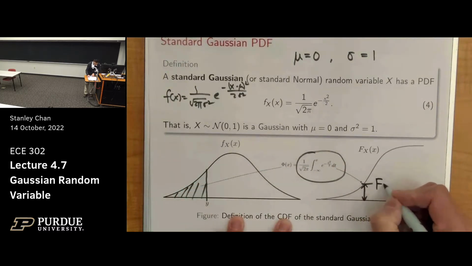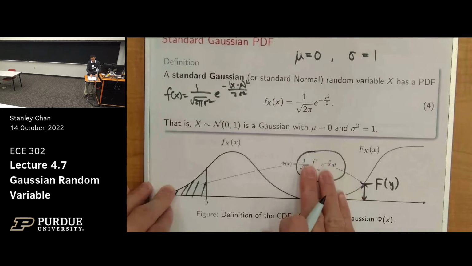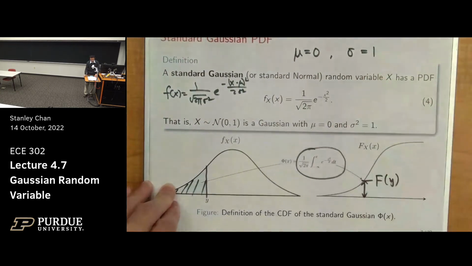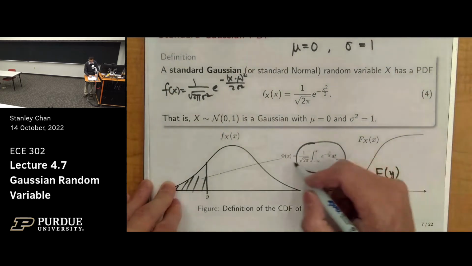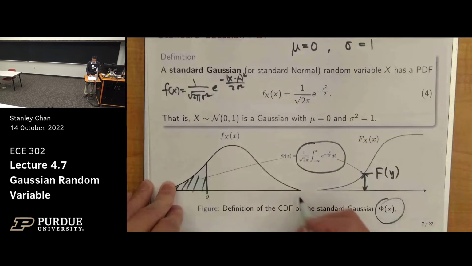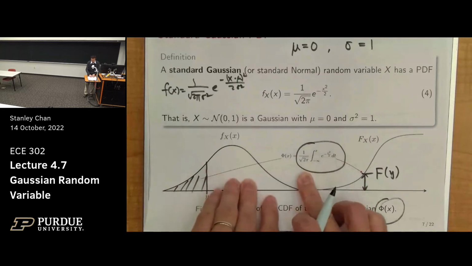In this case, it will be F evaluated at y. Now, because this is a zero mean unit variance Gaussian random variable, we call the CDF by the notation phi of x, where phi of x is defined as the integration from minus infinity to x for a standard Gaussian.